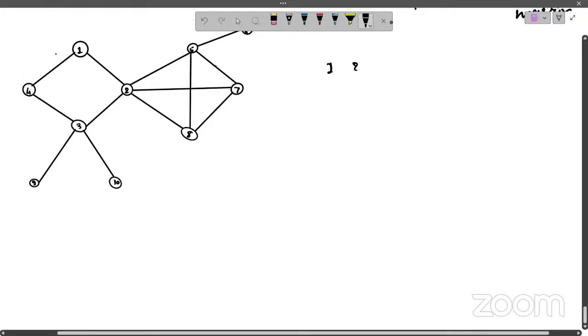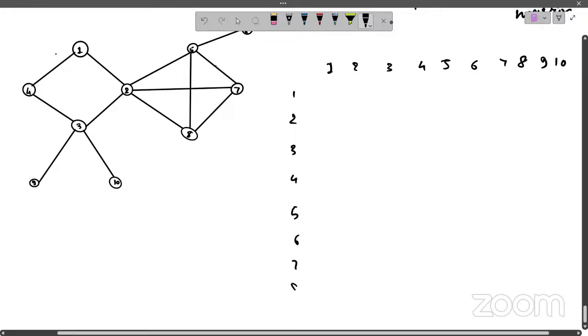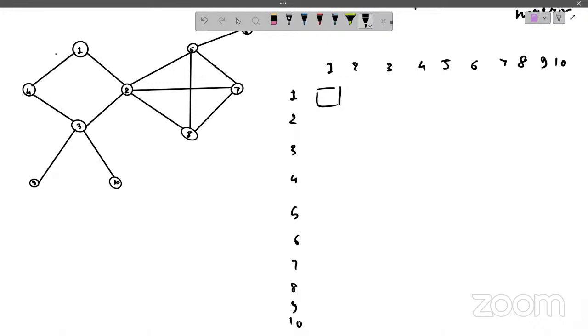I'll list 1, 2, 3, 4, 5, 6, 7, 8, 9, and 10, and similarly here also 1 through 10. Now this is my first box. This first entry will be 1 if there is an edge between 1 and 1. But in a graph, we never consider loops, so this entry will be 0 because there is no edge between 1 and 1. You guys got it?